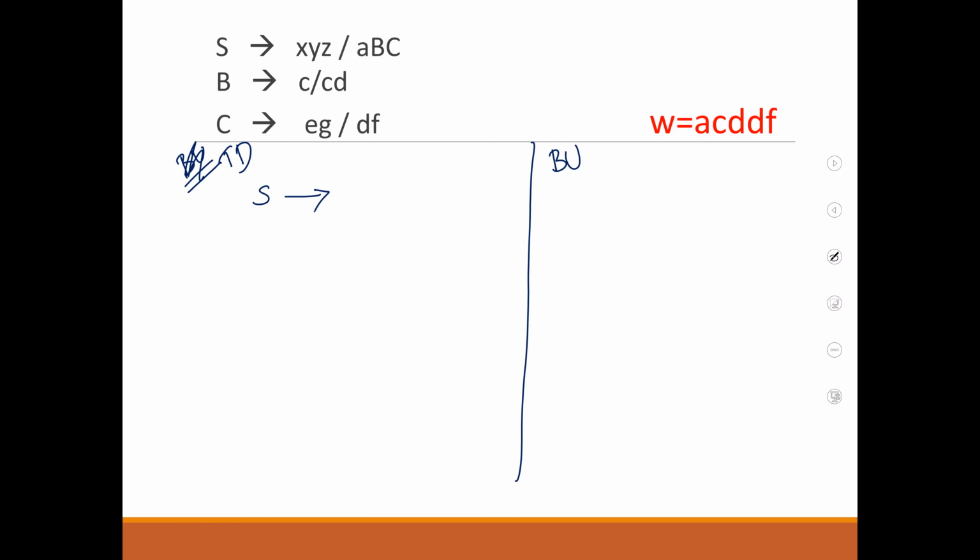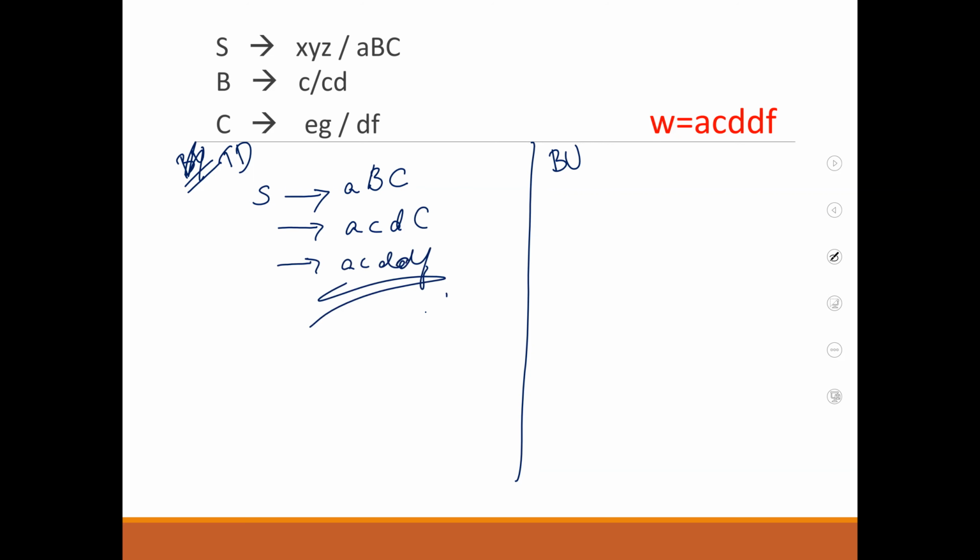But the word which I need to derive should start with A. So I'll go for A, B, C. Okay, and then B can be, I'll take CD because I want CD anyway. So A, C, D, C. C, I can make it as DF, very simple because I want DF. Yeah, so that's being derived.